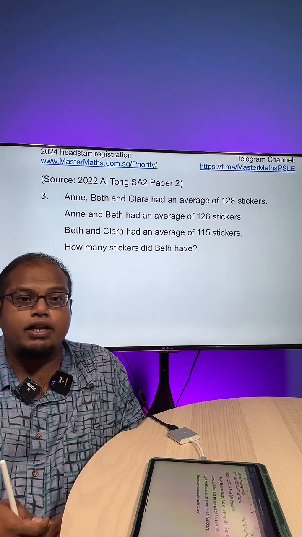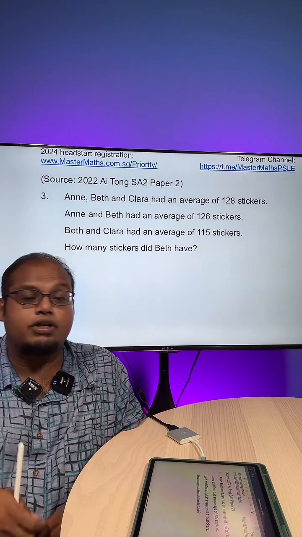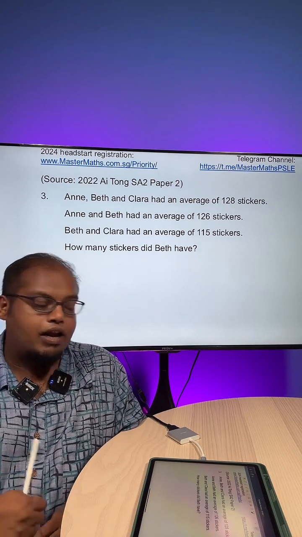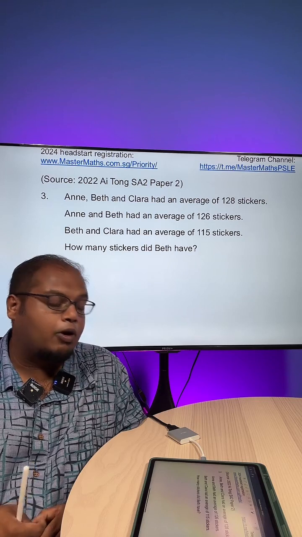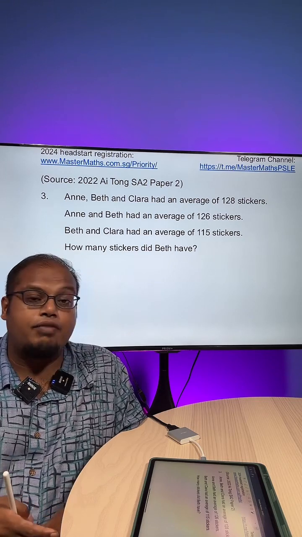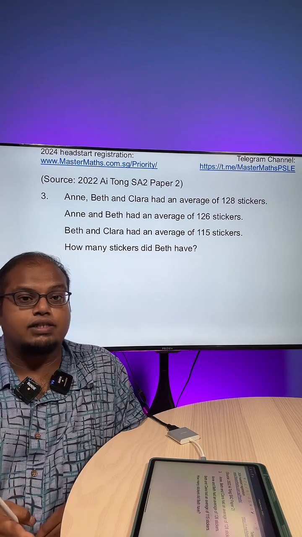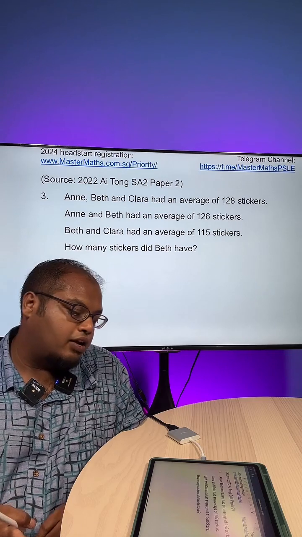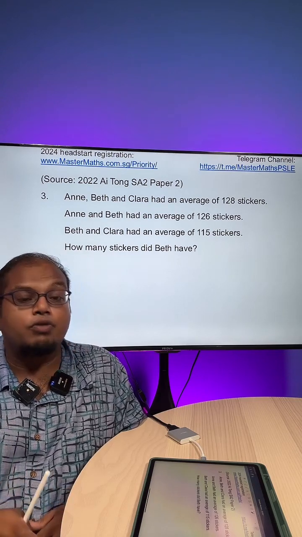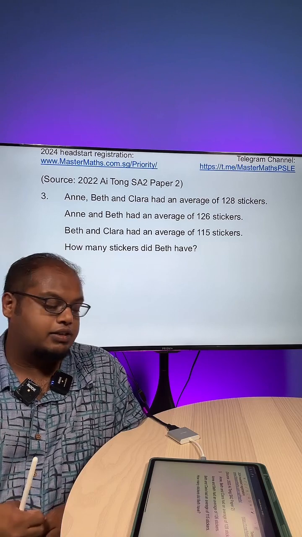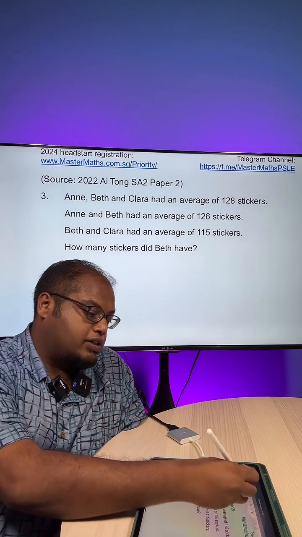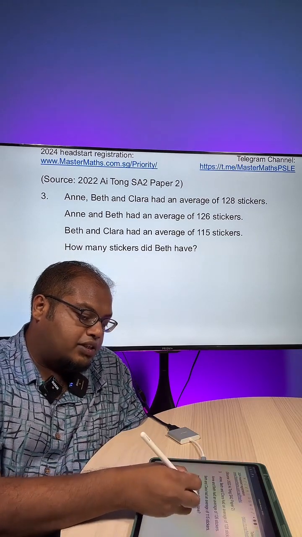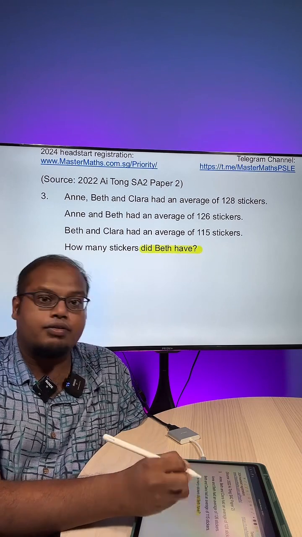After they give the average of the 3, they say Anne and Beth had an average of 126 stickers now. After that, Beth and Clara had an average of 115 stickers. Then the main question here is, how many stickers did Beth have?